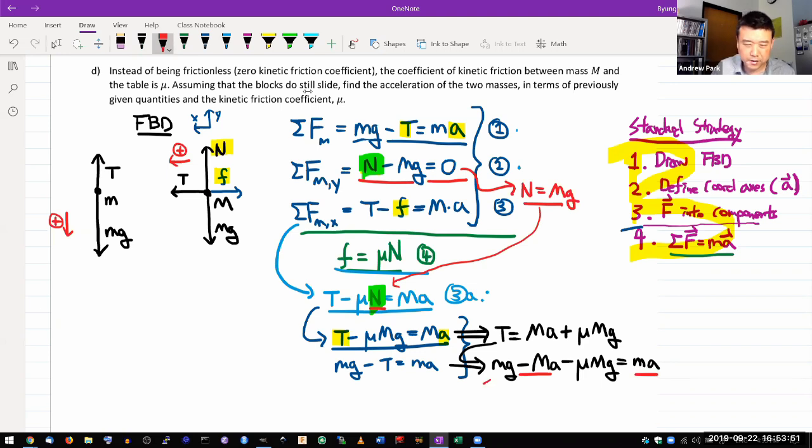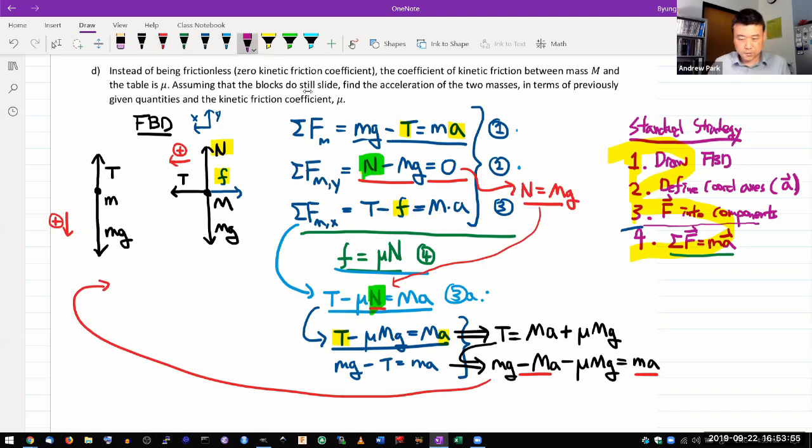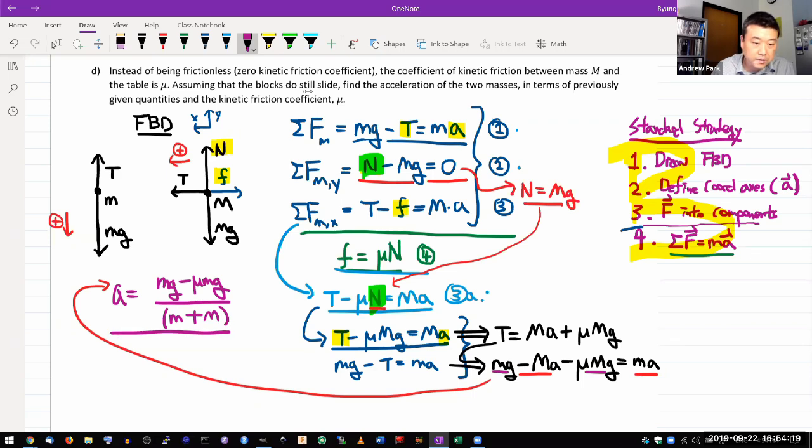When you go through all that algebra, I hope I'm not skipping any step that'll confuse someone, you end up with the acceleration is equal to mg minus mu mg. I'm writing down these two terms here, and I'm dividing by what's going to be on the right-hand side after I factor out a, so small m plus big M.